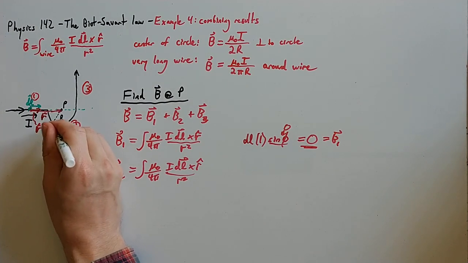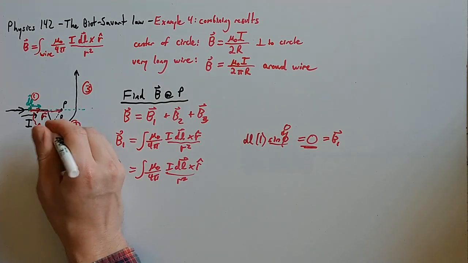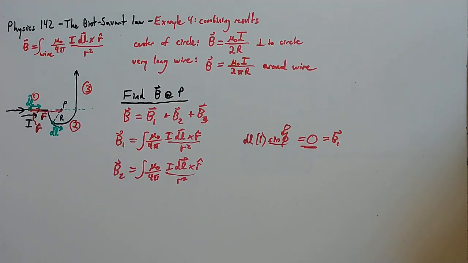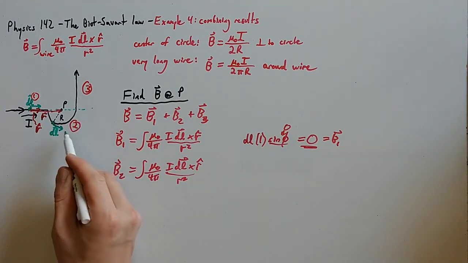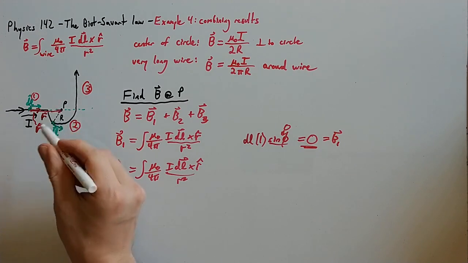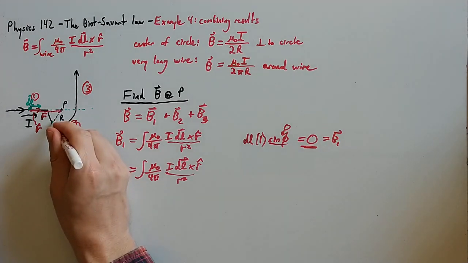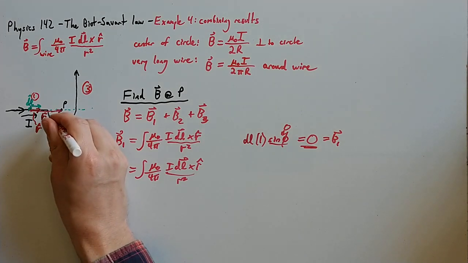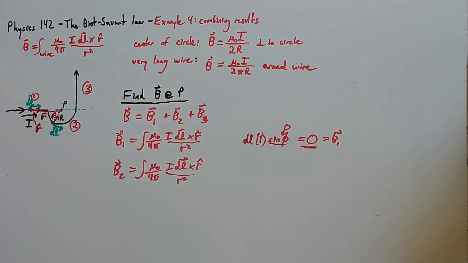I take a little chunk of this wire and draw in a dl. It's going in the direction of current flow. And if this is my dl vector, then what does r look like? r is the vector that goes from dl to point P, and so r hat must just point along there. So this is r hat for part 2.